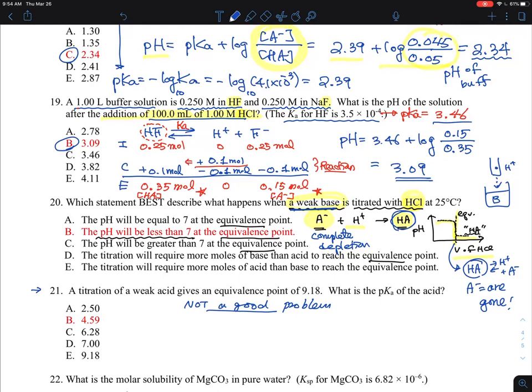It's more like you're putting in acetic acid or a very weak acid. So therefore, it will be an acidic solution. Acidic solution means pH is lower than 7, so pH is less than 7 at the equivalence point, and that's the answer for B.